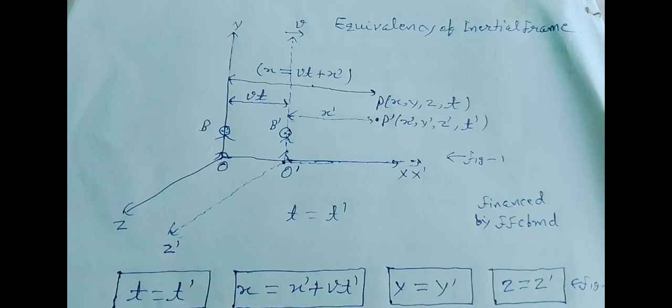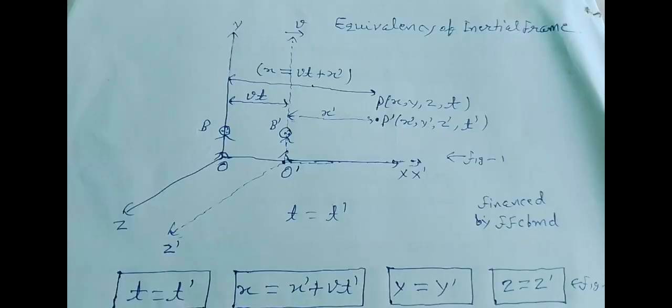For the sake of simplicity, consider the axes x dash, y dash, z dash of B dash parallel to the x, y, z axes of B, and also v, that is the velocity of the B dash frame, is parallel to the x and x dash axes.